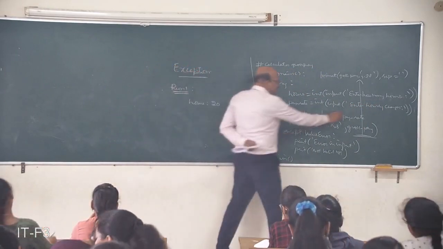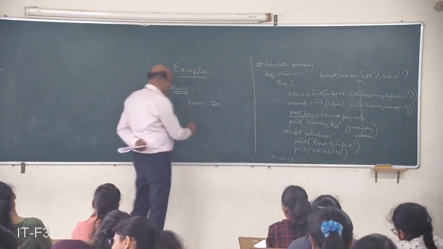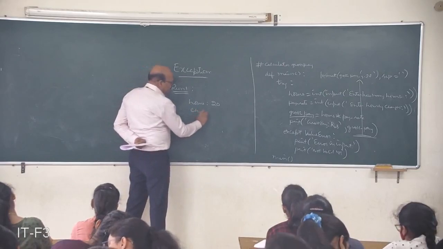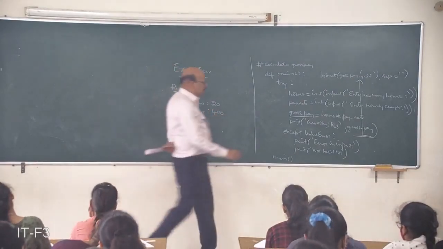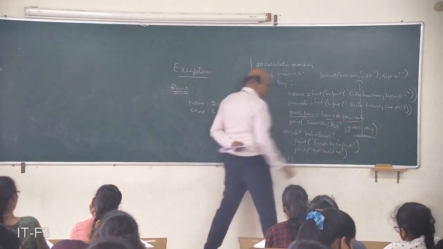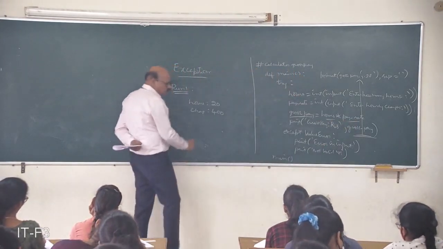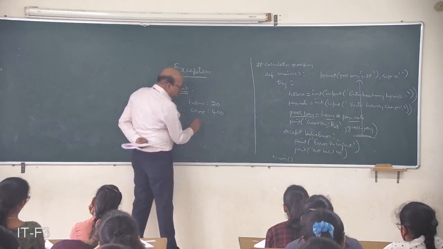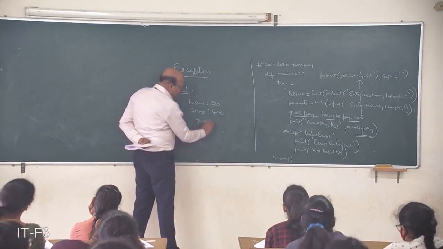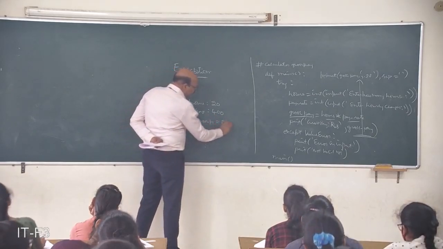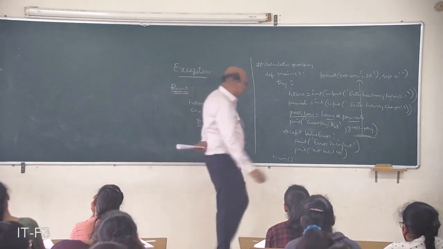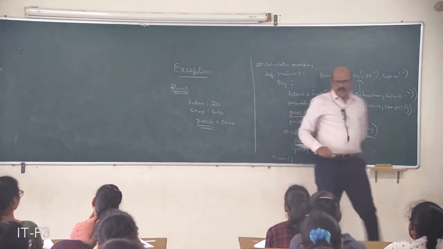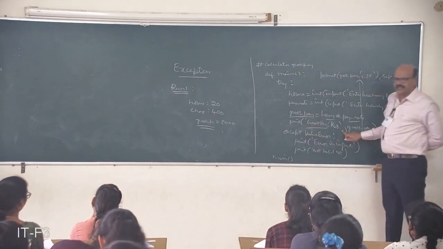And then it will ask enter hourly charges. Suppose it is given as 400. Then it will calculate hours into pay rate. 20 into 400 is, so gross pay will become how much? 8,000 rupees will be stored in this gross pay variable. Now there are no errors, so you'll see the output like gross pay rupees 8,000.